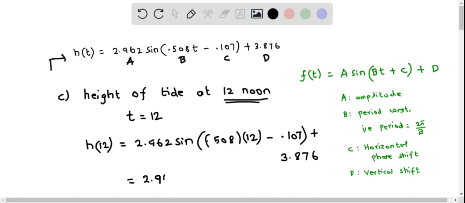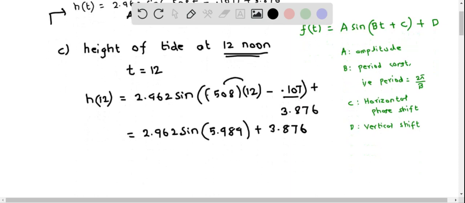So let's simplify this. We get 2.962 sine of, we multiply these two quantities and then subtract 0.107, and when we do that, we get 5.989. We then have plus this vertical shift, 3.876.